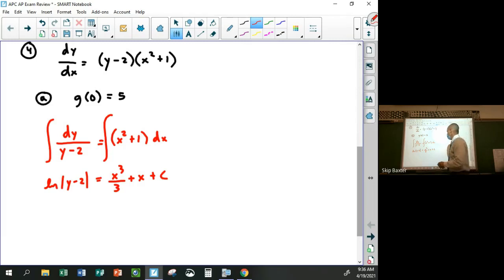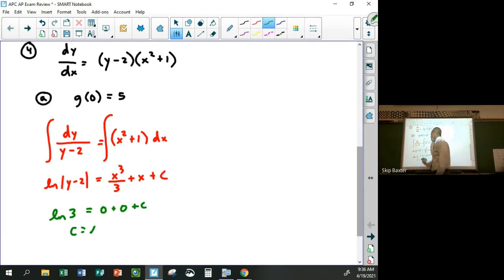Okay? The next step is to either solve for y or figure out what c is. I'm going to figure out what c is first, but you could have done it the other way just as well. Okay? So I'm going to substitute in the point (0, 5). So this ends up being ln 3 equals 0 plus 0 plus c.